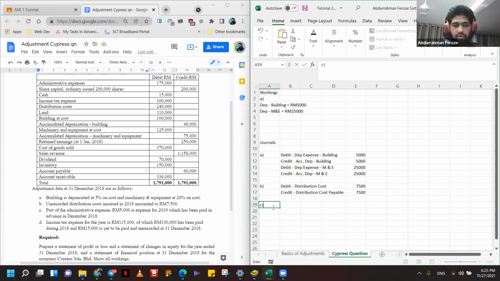Okay. And then we have C. Part of the administrative expense, RM 5,000, is an expense for 2019, which has been paid in advance in 2018. So what type of transaction is this?